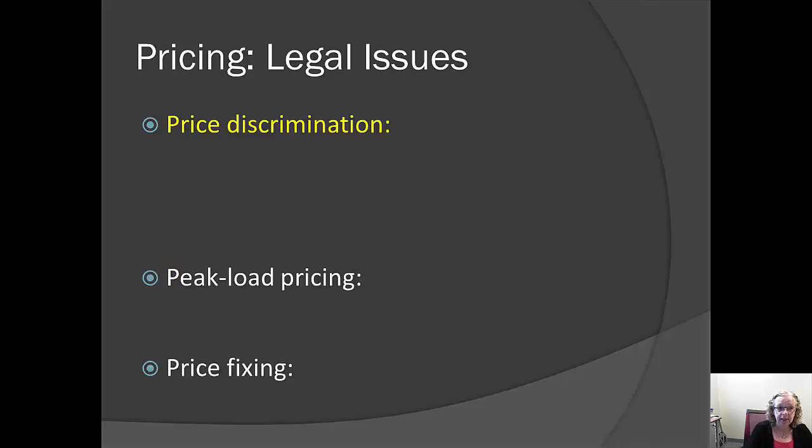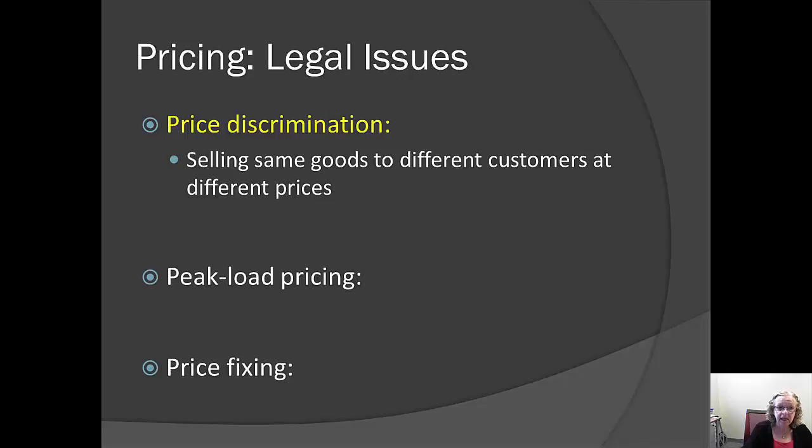Another issue is price discrimination, that is, selling the same goods at different prices in different markets. This strategy only works if a firm is able to segment its markets. That means prevent customers from buying the goods in the cheaper market.